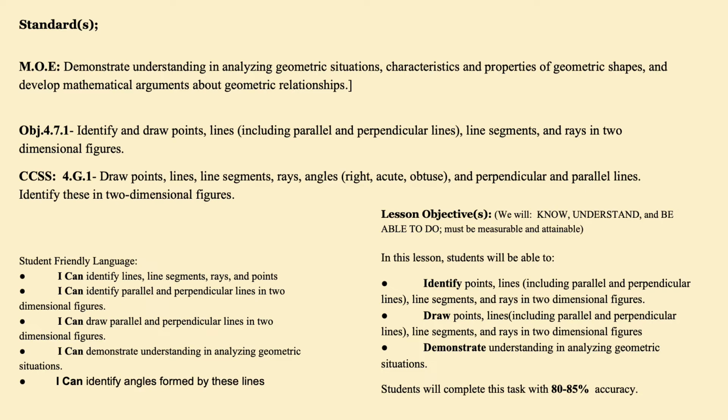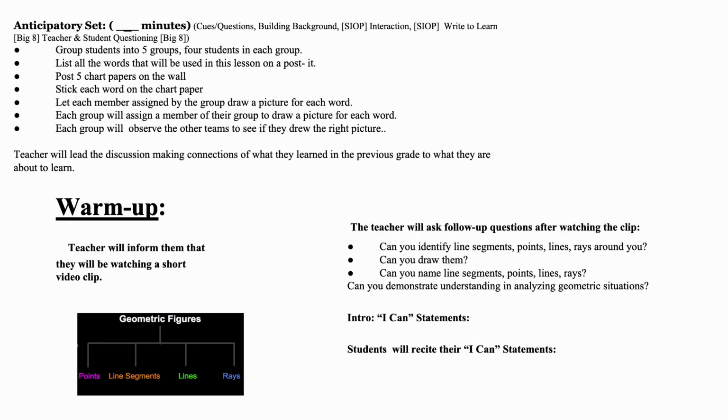Draw points, lines, including parallel and perpendicular lines, line segments, and rays in two-dimensional figures. Demonstrate understanding in analyzing geometric situations. Students will complete this task with 80 to 85% accuracy.